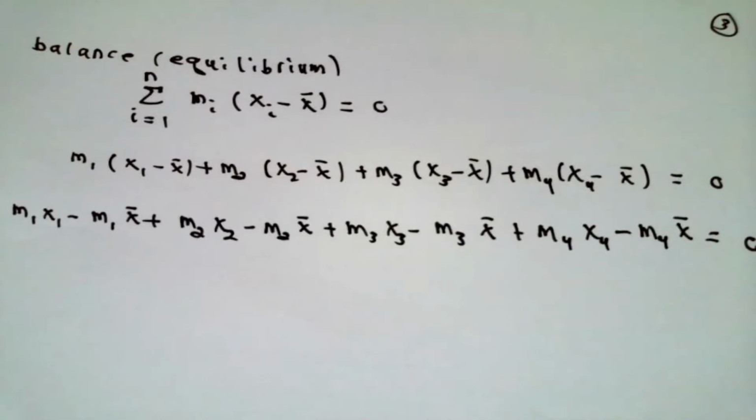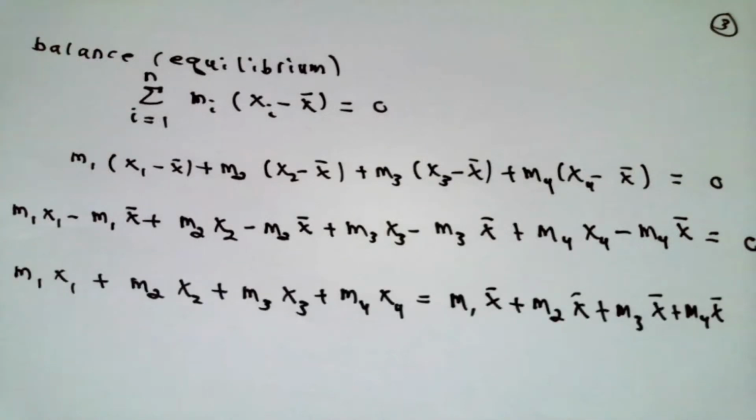This looks worse instead of better, but if you'll notice, some of the terms have x bar in them and the others don't. So I'm going to move all the terms that contain x bar over to the other side of the equation in an effort to try to figure out what the x bar actually is.